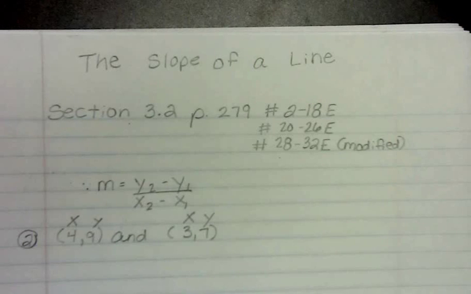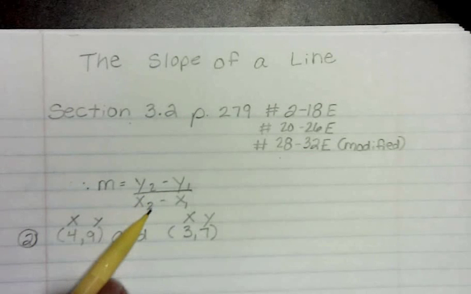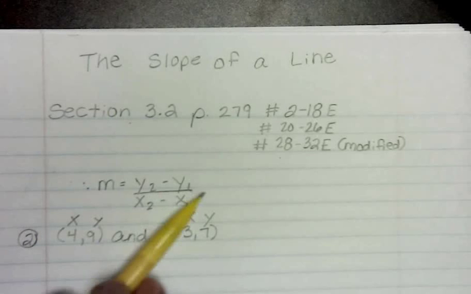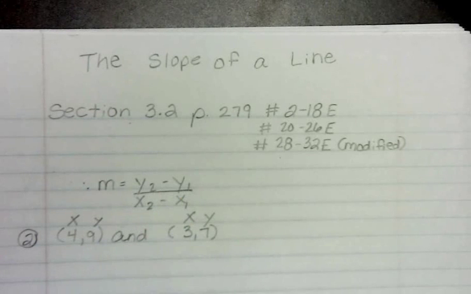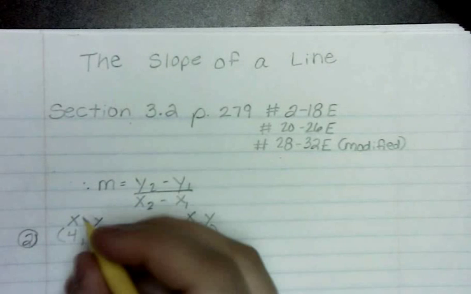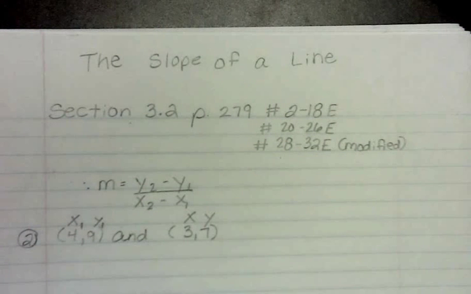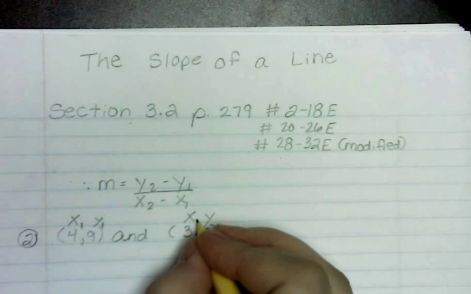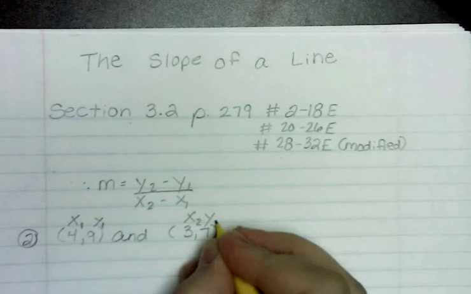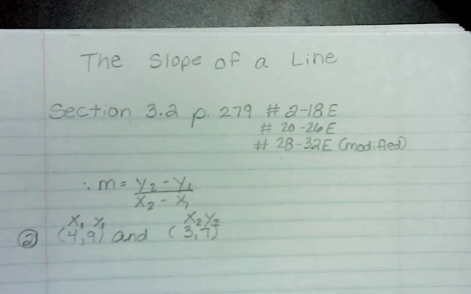Then I'm going to figure out which one has the sub 2's and which ones have the sub 1's, which are here. Since this (4, 9) ordered pair is my first ordered pair, I'm going to label those my sub 1's. And since this ordered pair is my second ordered pair, I'm going to label those my sub 2's.